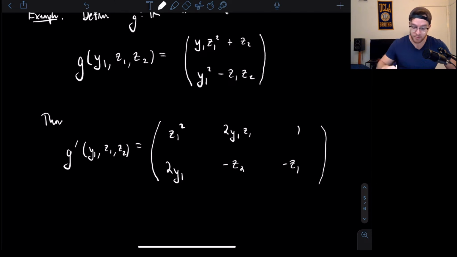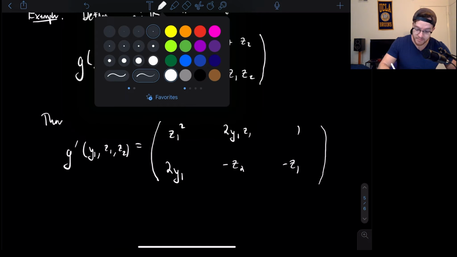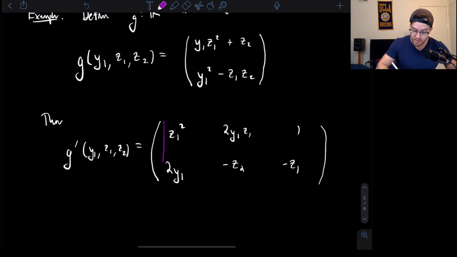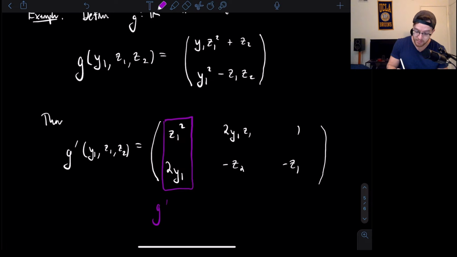Okay, so in this case, this matrix right here is G prime sub y. It's the portion of the Jacobian only with respect to the y variables.